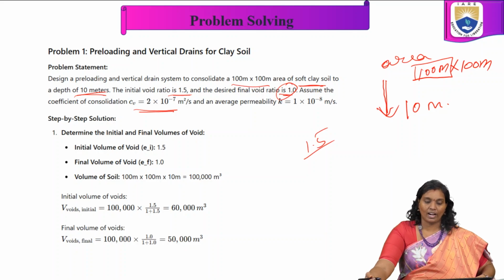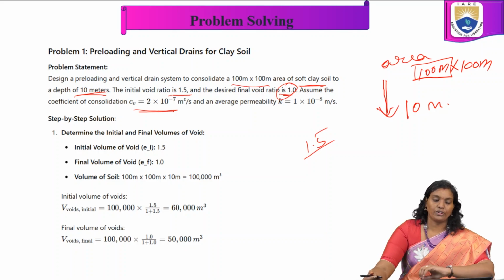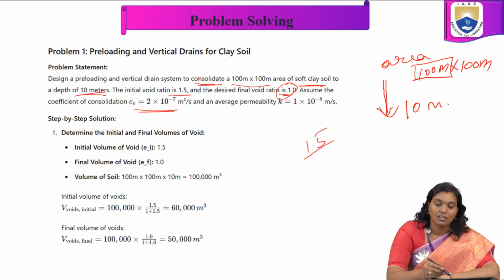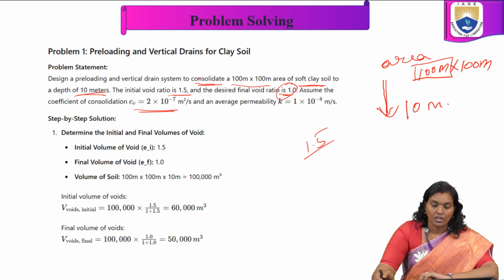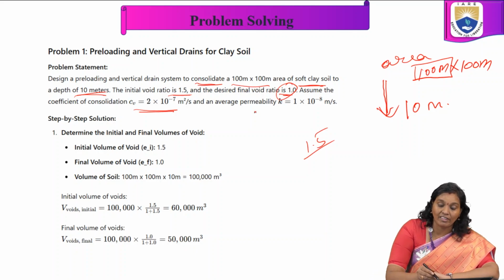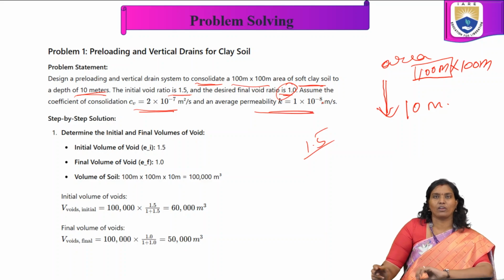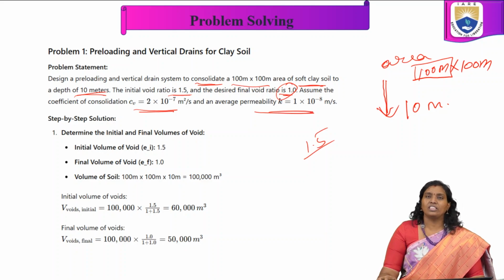Here we are going to do this consolidation using this technique. The average permeability is also needed, and these values we get according to the soil property.